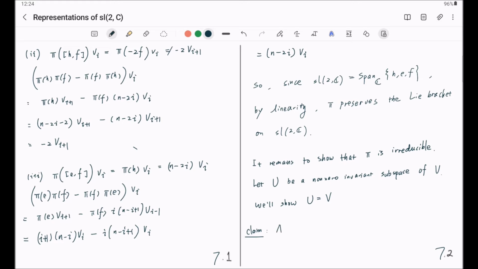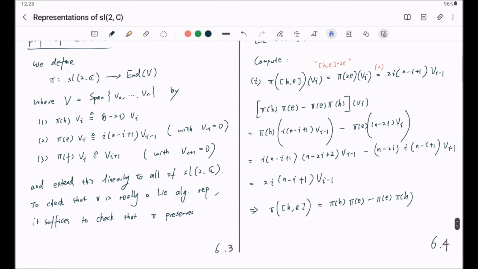We claim that at least one of the vectors v0, v1 through vn is contained in U. We will prove this by using the diagonalization of pi of h, using this number 1 in our definition of pi.